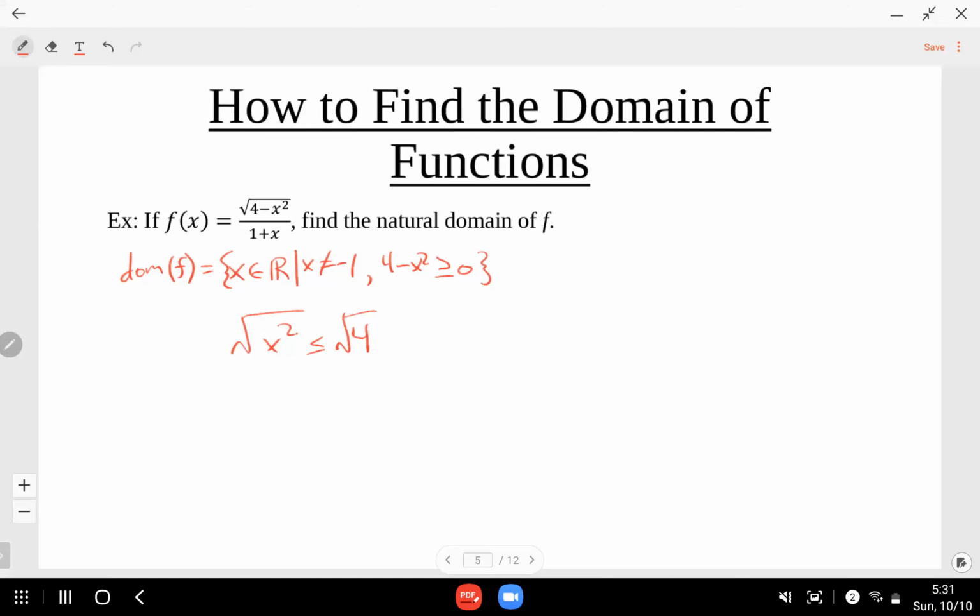Okay, so let me give an example. If x squared equals 25, then x equals plus or minus 5, right? But you can't say that the square root of x squared equals plus or minus x.